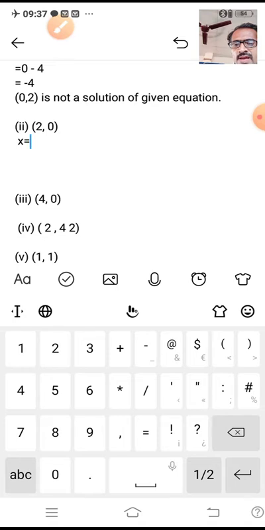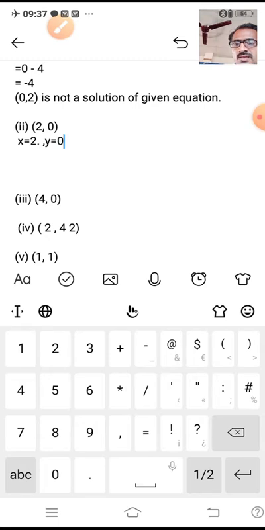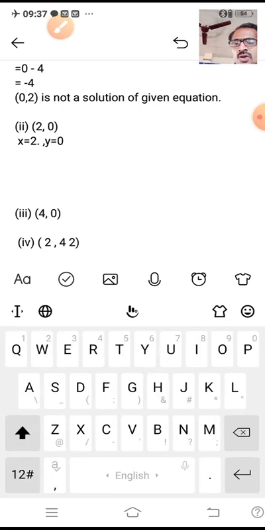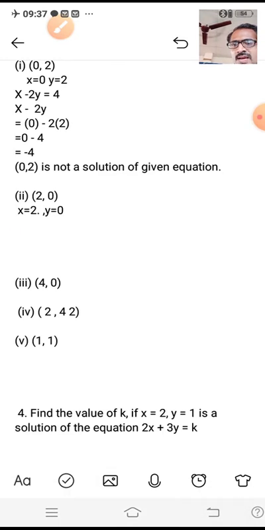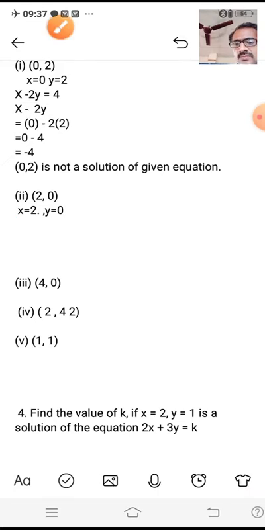The value of x is 2, while value of y is 0. Okay. So here, what do we have on the left hand side? Equation no doubt it is x minus 2y equals to 4, but we have to substitute in the left hand side only, which is x minus 2y.